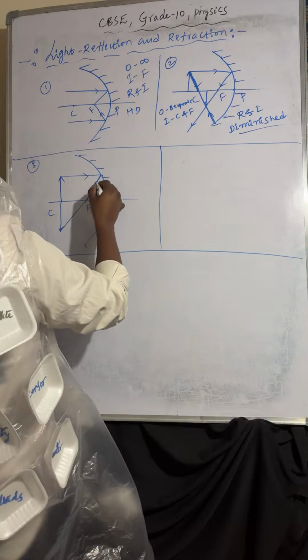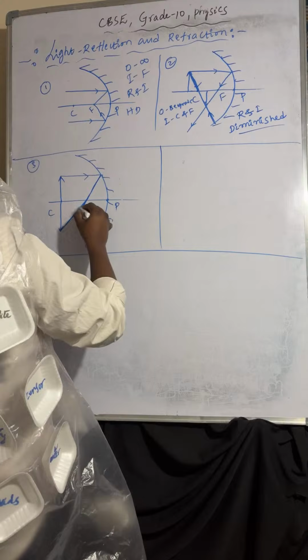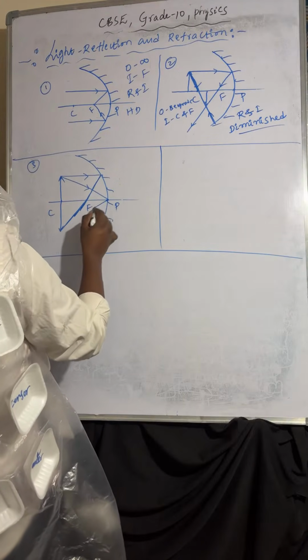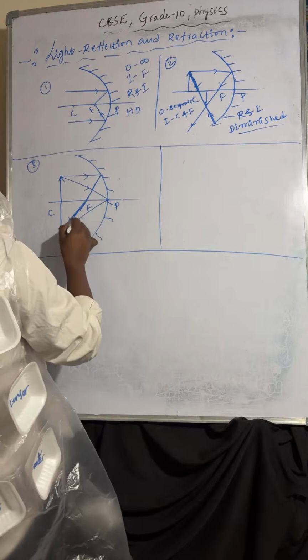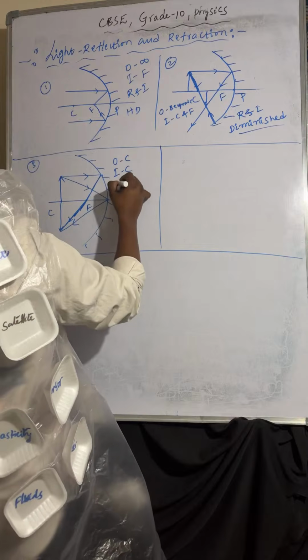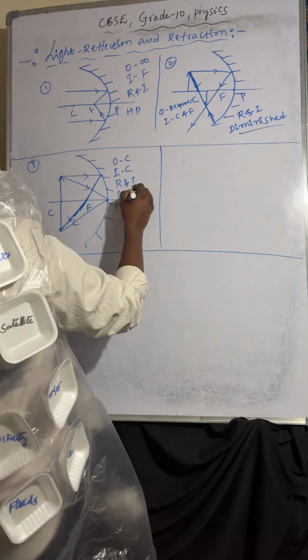And one more light ray incident at the pole, it reflects back. So object is at C, image also will form at C. Nature of the image is real and inverted. Size of the image is same size.